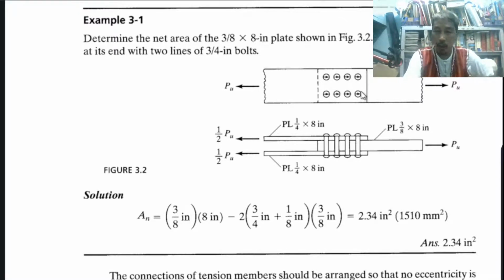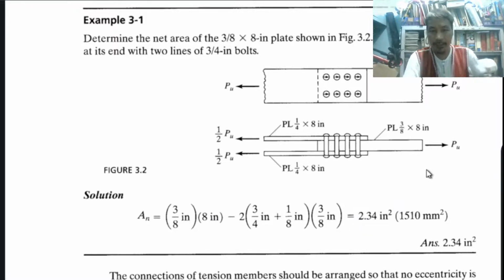Take note of how we can draw the weakest line. So, meaning to say, gross minus the number of holes that must be subtracted for this cross-section to be the weakest line, and then that must be equal to the net area.